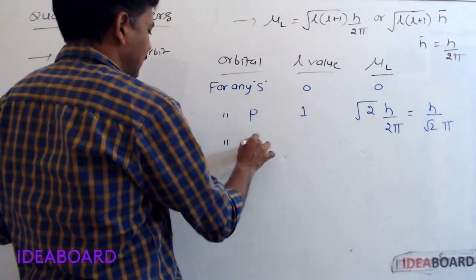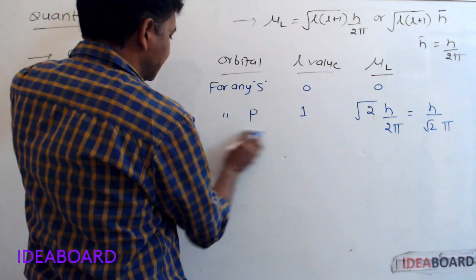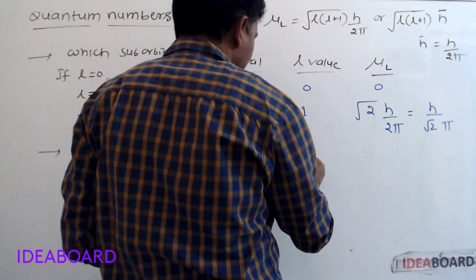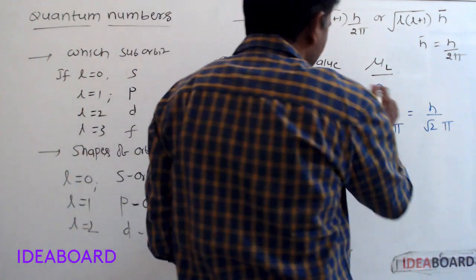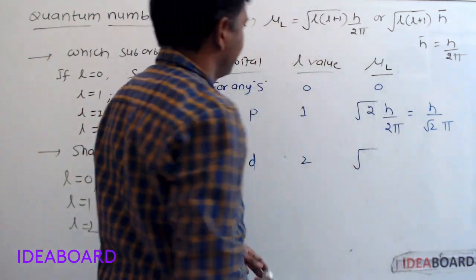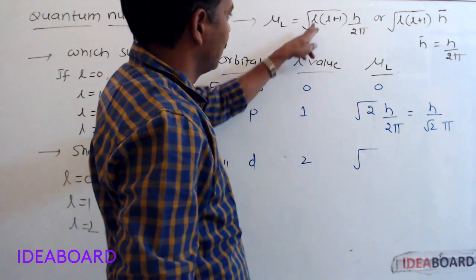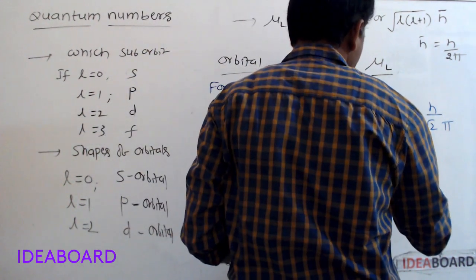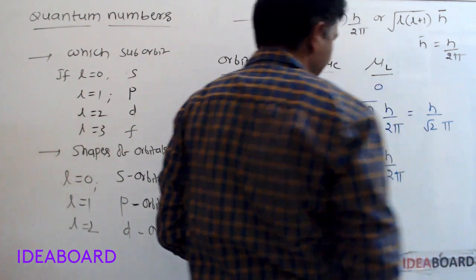For any d subshell, for any d orbital, L value is 2, then mu L value is root of 2 into 2 plus 1, root 6, root 6 h by 2 pi.